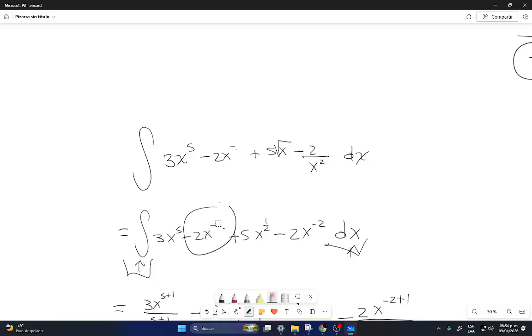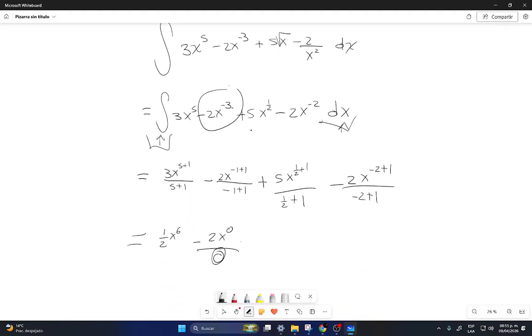Okay, negative 3, negative 3. Let's change this also. Negative 3, negative 3, and this will change. Okay, 2x to the power negative 2, because negative 3 plus 1 is negative 2, over negative 2. Oh, but negative divided by negative is a positive, so let's already get rid of that.